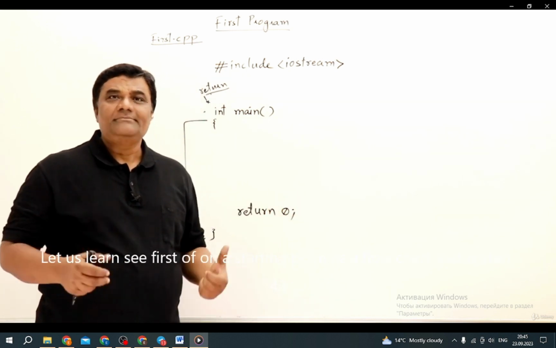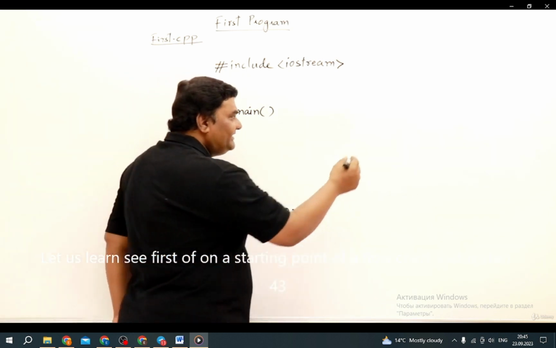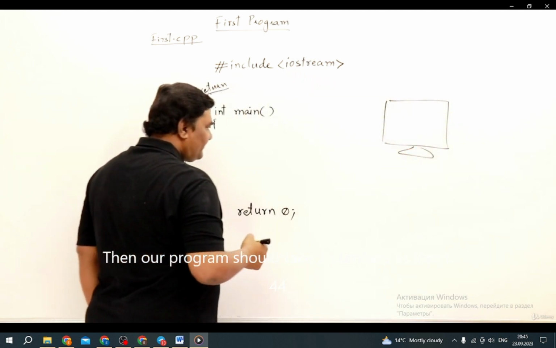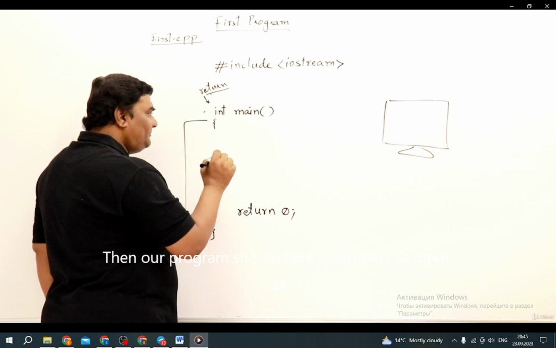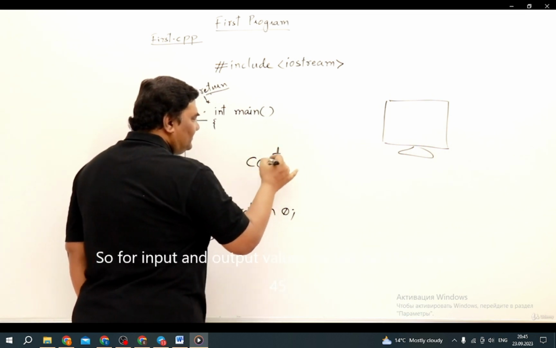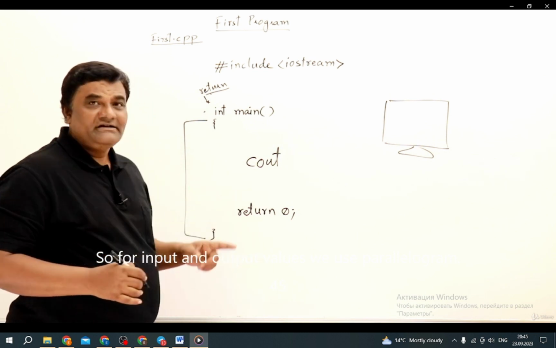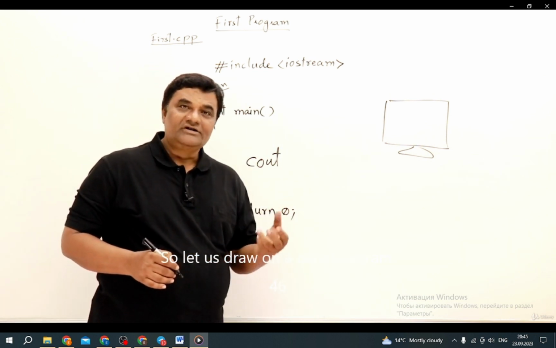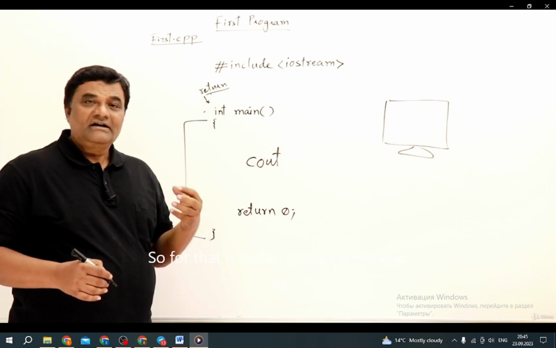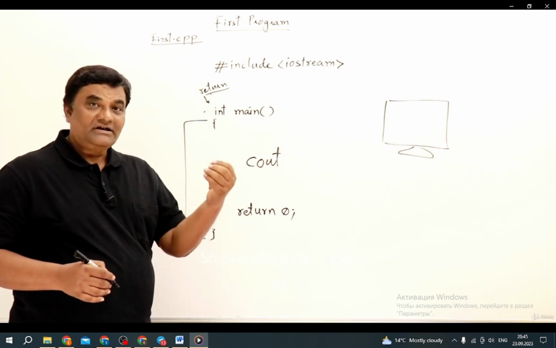So how do we print something on the screen? For printing anything on the monitor, that is on the screen, from your C++ program, there is a built-in object available in C++, that is cout. C means console, out, that is console out. So the monitor is treated as a console, that is the output console.